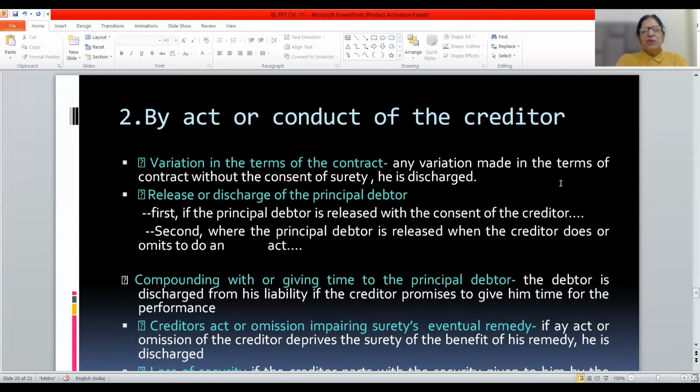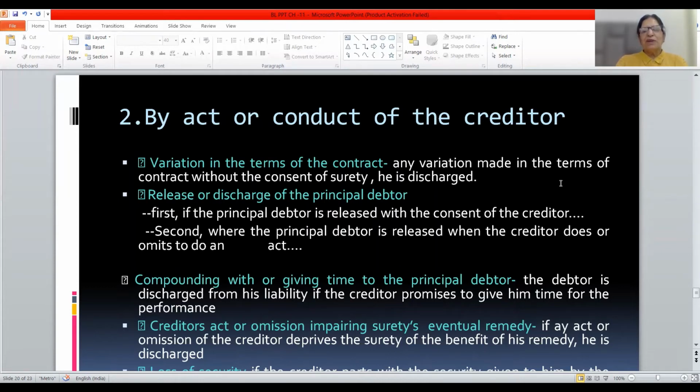So, say for example, friends, labor or workers' performance is guaranteed by the surety, provided the material will be provided by the owner for the construction of the house, bricks, cement, whatever is required, and contractor's performance has been guaranteed by the surety.